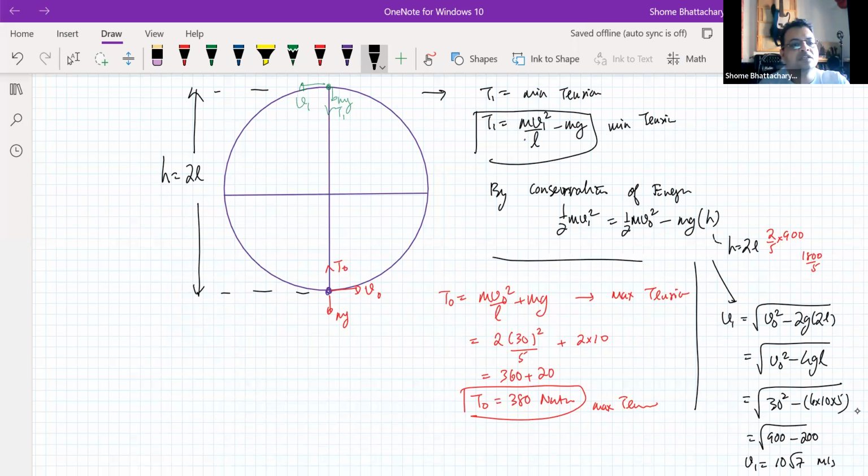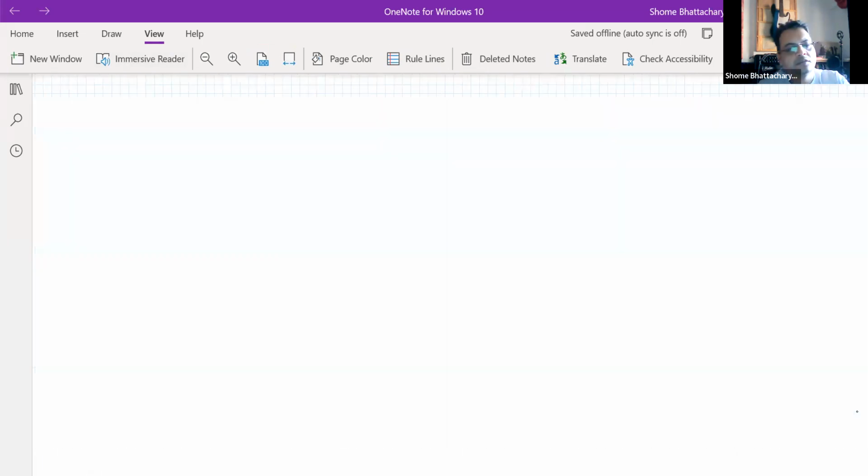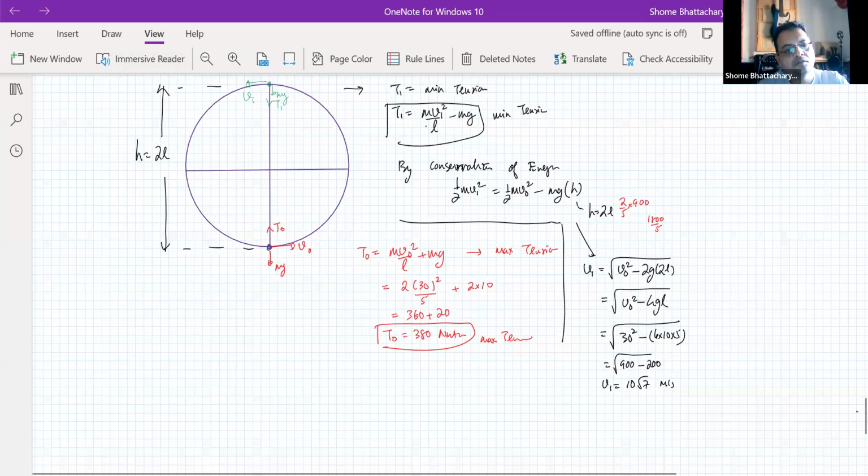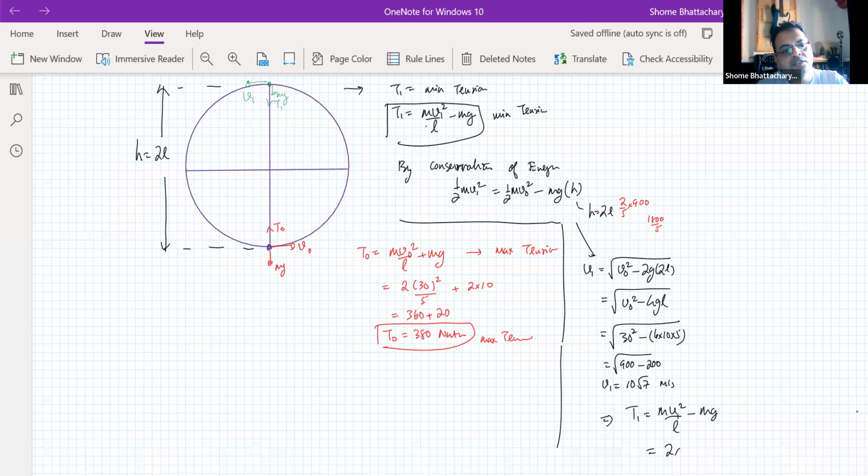Okay. So accordingly, now the minimum tension is at the highest point, you can see. So therefore T1 will be 2 kg into, minus 20.